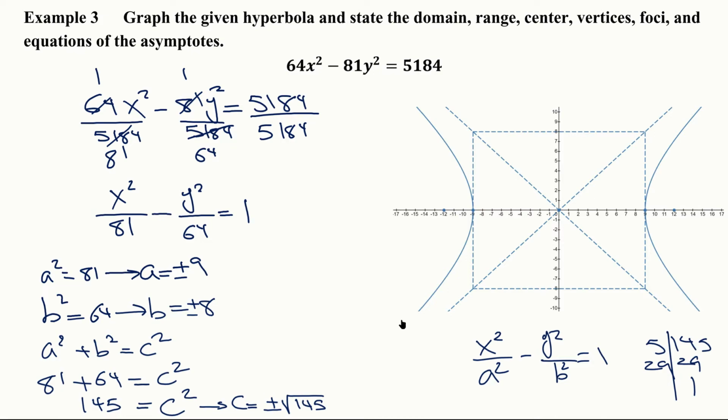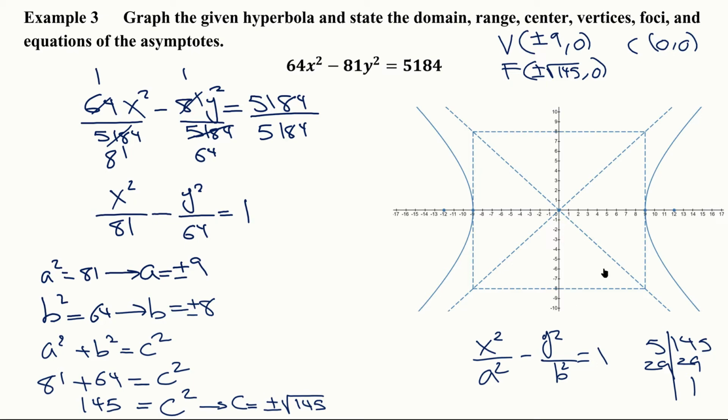So as far as the vertices are concerned, we know that they are at plus or minus 9, 0. The foci we know are going to be at plus or minus square root of 145, 0. The center is at 0, 0.